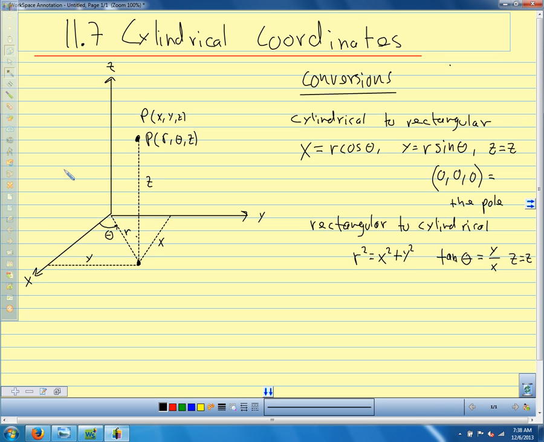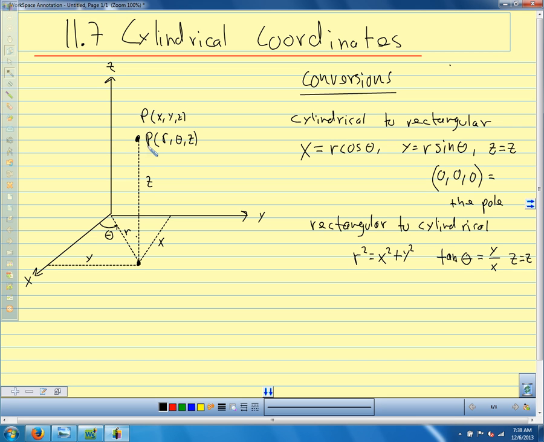So all I want to do is a couple of conversions, look at some equations in cylindrical coordinates, do some conversions with those equations, and talk about the surfaces represented in cylindrical coordinates. The idea behind it really is polar coordinates in the xy plane, and then we add the z component for our distance above the xy plane.